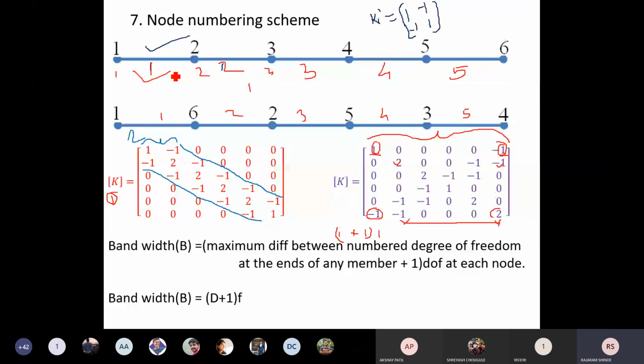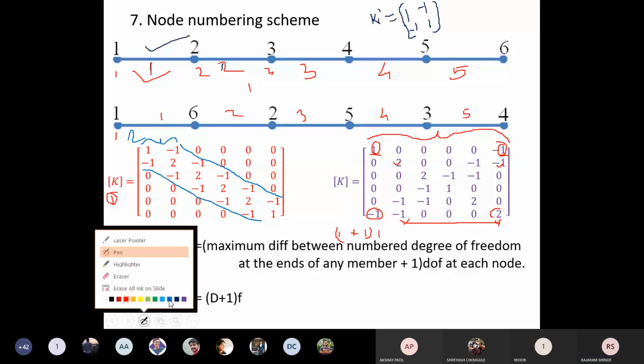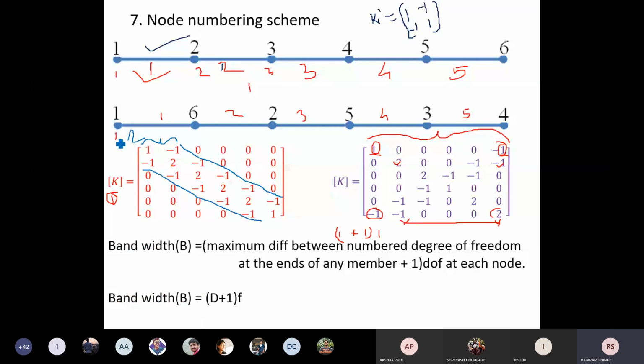Now the second case. If you observe this, this is the first degree of freedom, and this is the sixth degree of freedom.